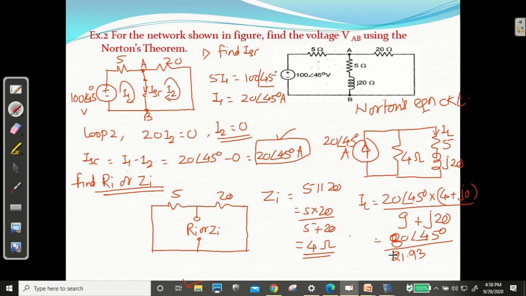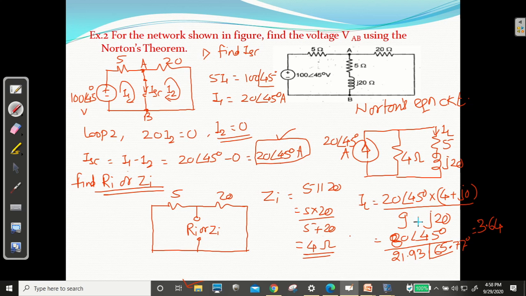For alpha I am getting 65.77. So the magnitude will be divided: 80 divided by 21.93, I am getting 3.64.